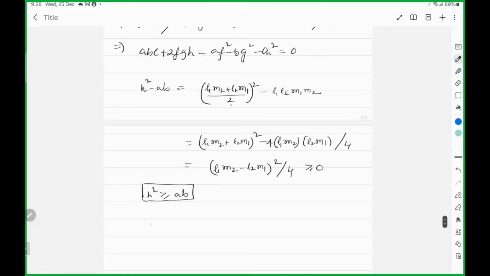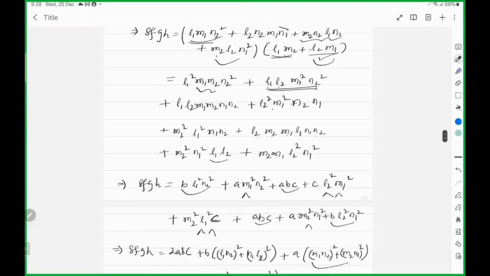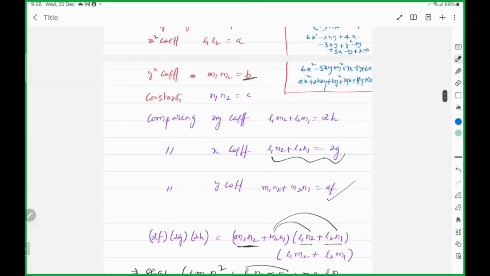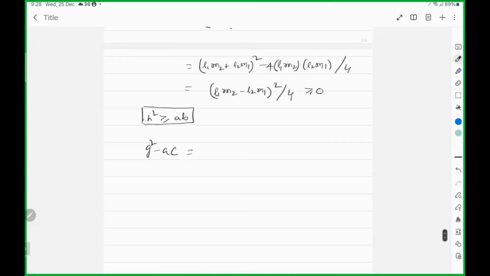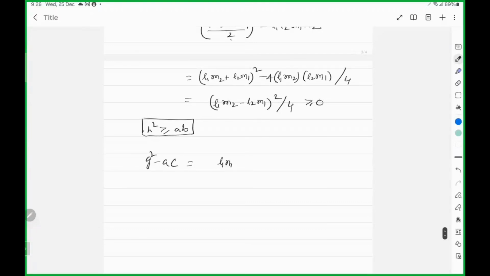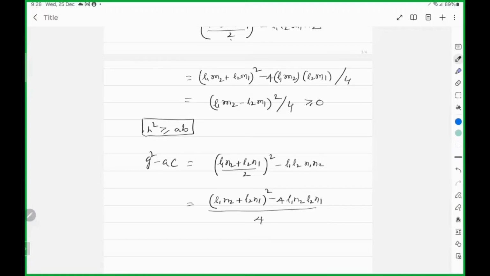Similarly, g² − ac. Here g is (L1N2 + L2N1)/2, whole squared, minus, (L1N2 + L2N1)² − 4L1N2L2N1, divided by 4.